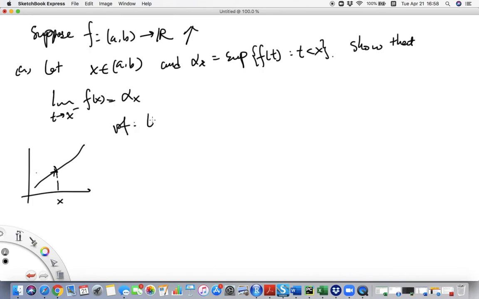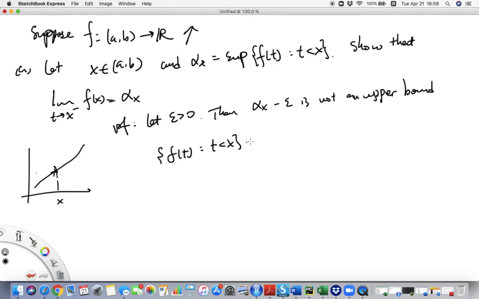Proof: let epsilon be greater than 0. Then by definition of supremum, alpha sub x minus epsilon is not an upper bound for the set of f of t with t less than x. So there exists t less than x with alpha sub x minus epsilon less than f of t less than or equal to alpha sub x.